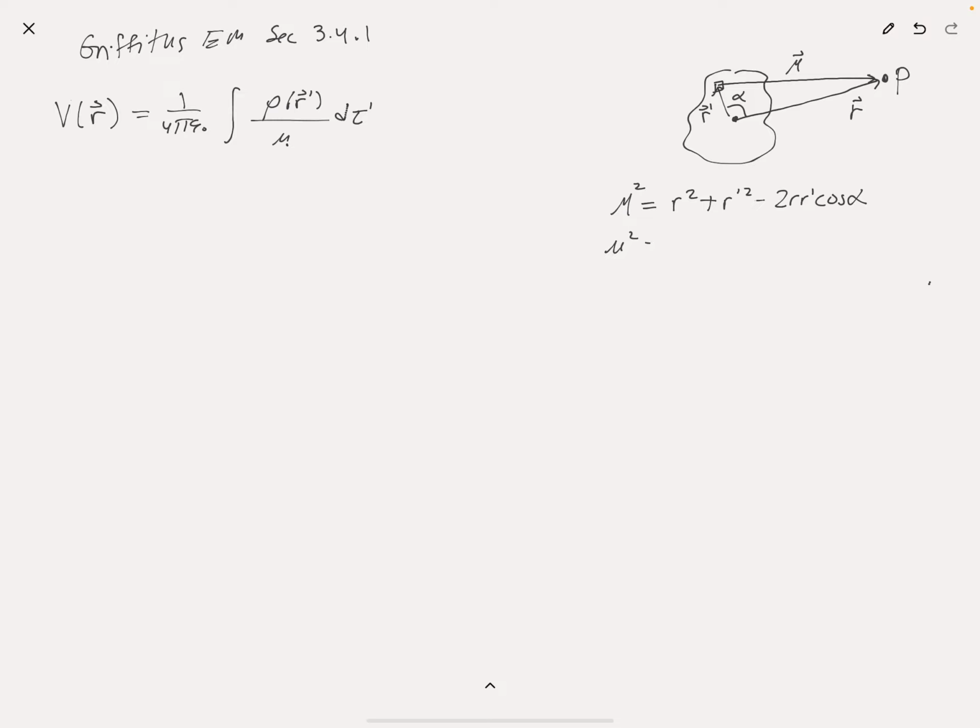Okay, the same trick as last time. I pull out an R squared: 1 plus R prime squared over R squared minus 2 R prime over R cosine alpha.